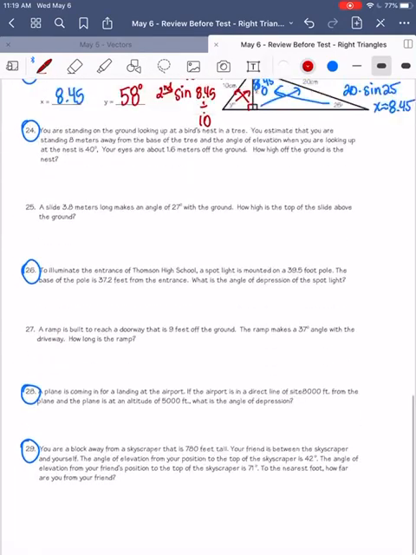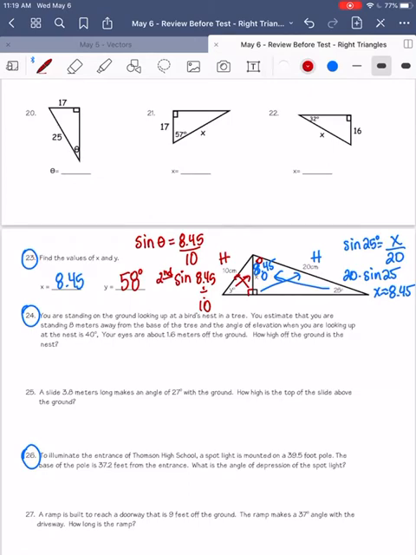We're almost done, you guys. Four more. So with numbers 24 to the end, we kind of want to be doing the right triangle thing the same every time. The only thing that 24 is a little bit of a trick is because it says your eyes are about 1.6 meters off the ground. So it's assuming that the triangle starts off the ground. Here's the ground, here is your eye.